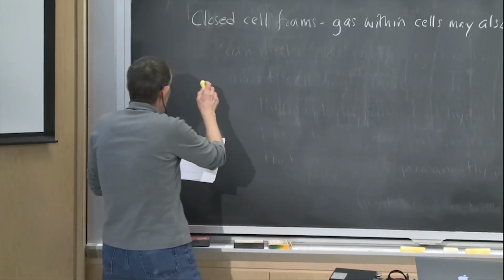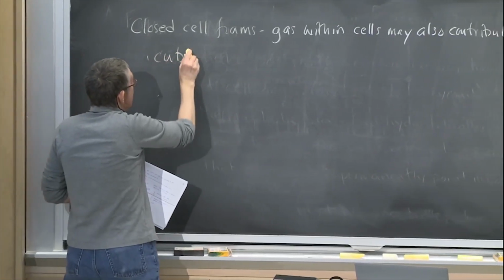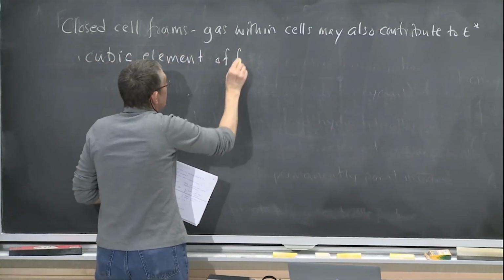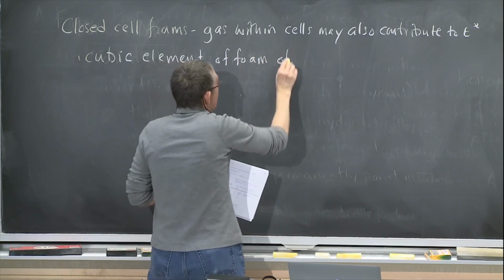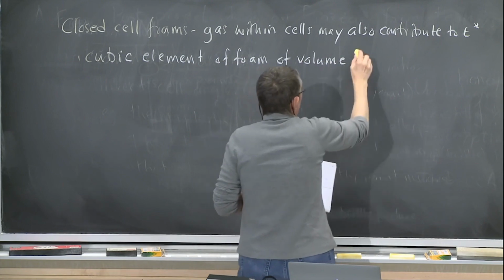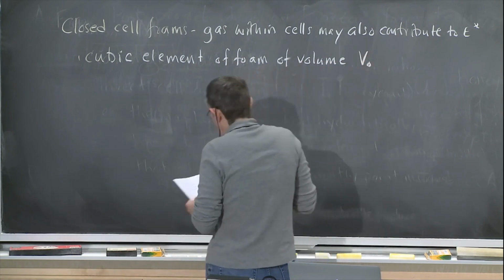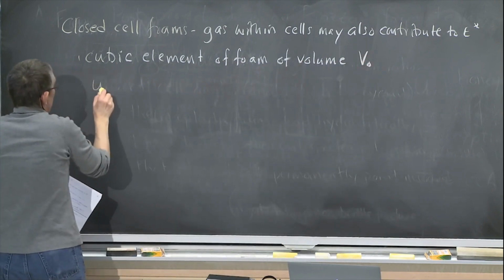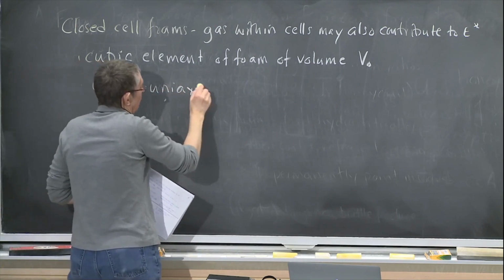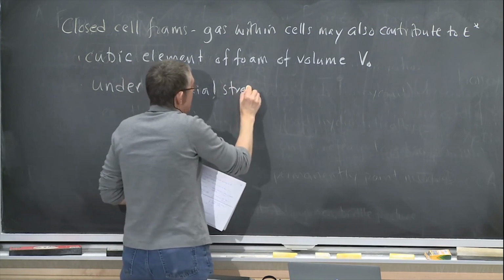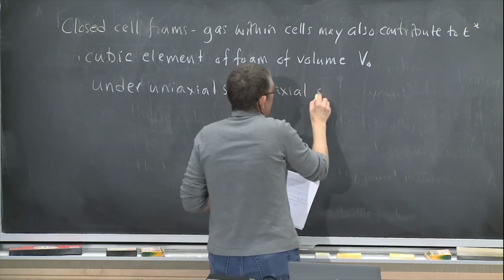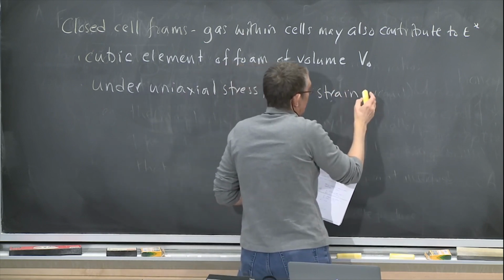So the idea is that we start with a cubic element of foam. And initially, before it's loaded, it has a volume V naught. And then we apply a uniaxial stress. And we say the axial strain in the direction of the stress, I'm going to call epsilon.